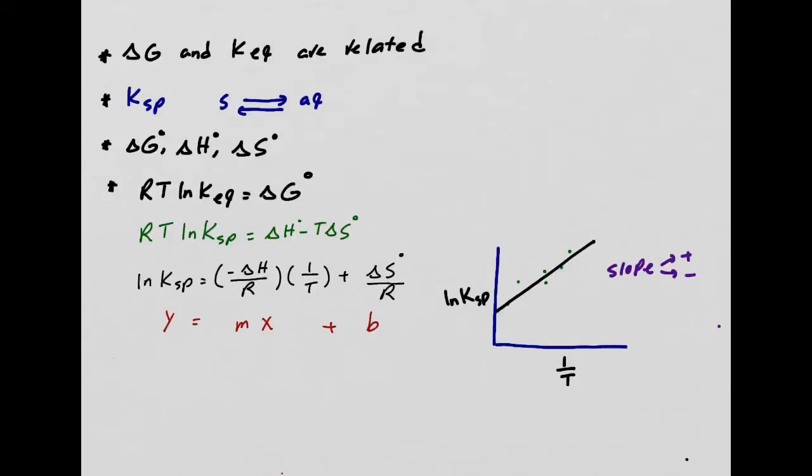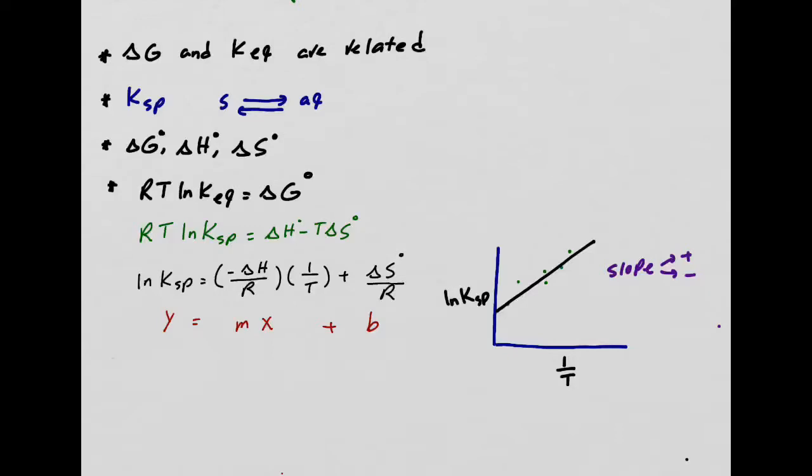Before we move on, I want to point out one more thing that is very key. Remember I just said that the slope and the b could be positive or negative.